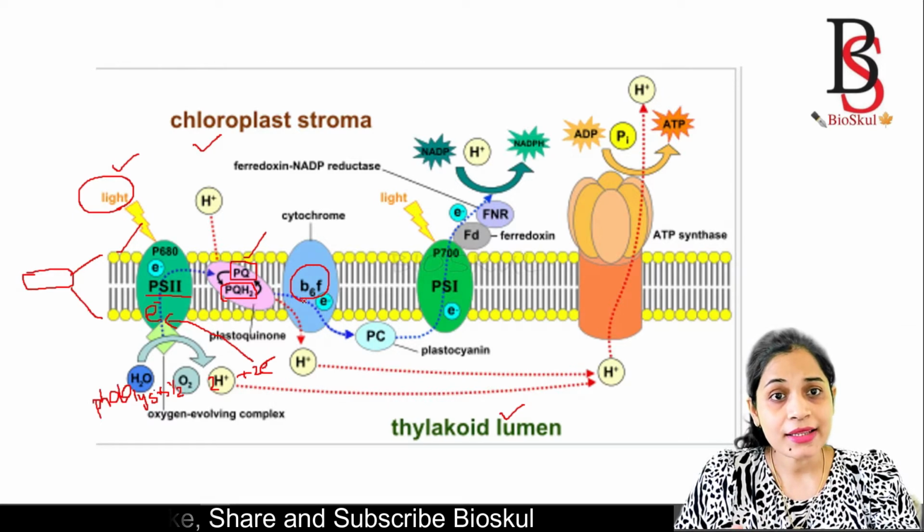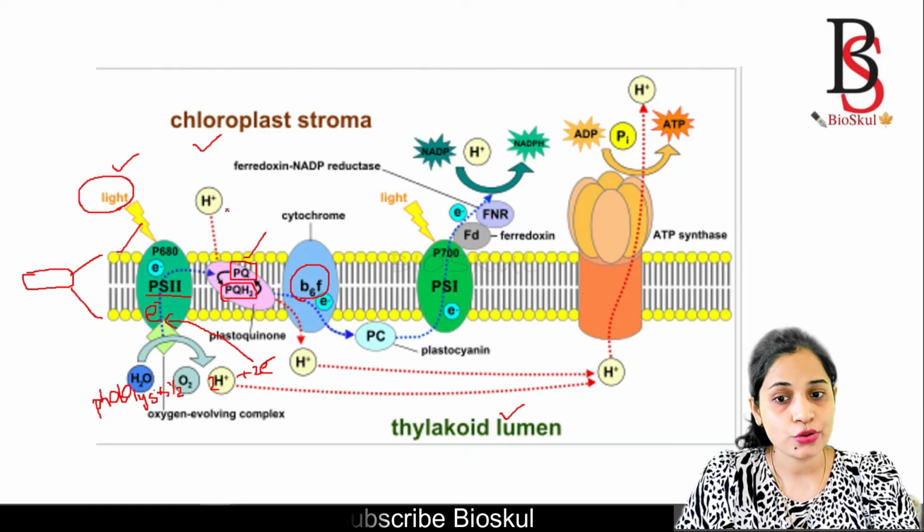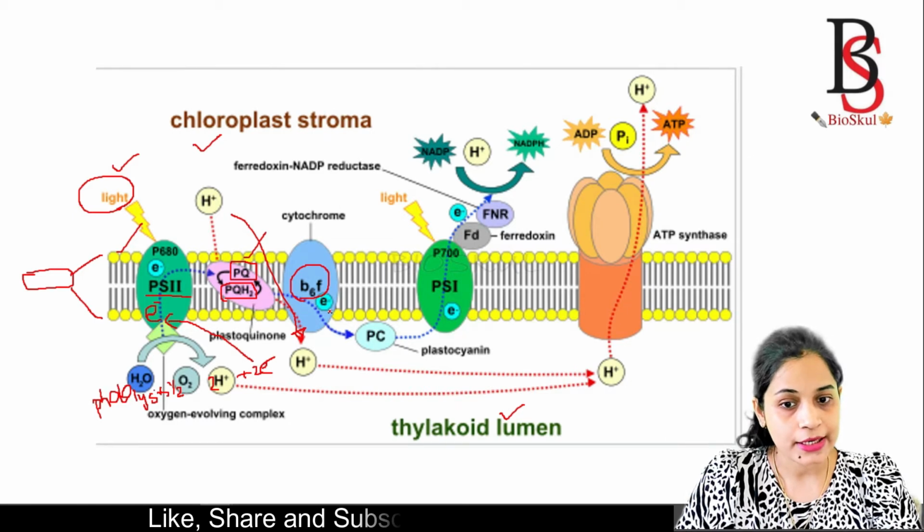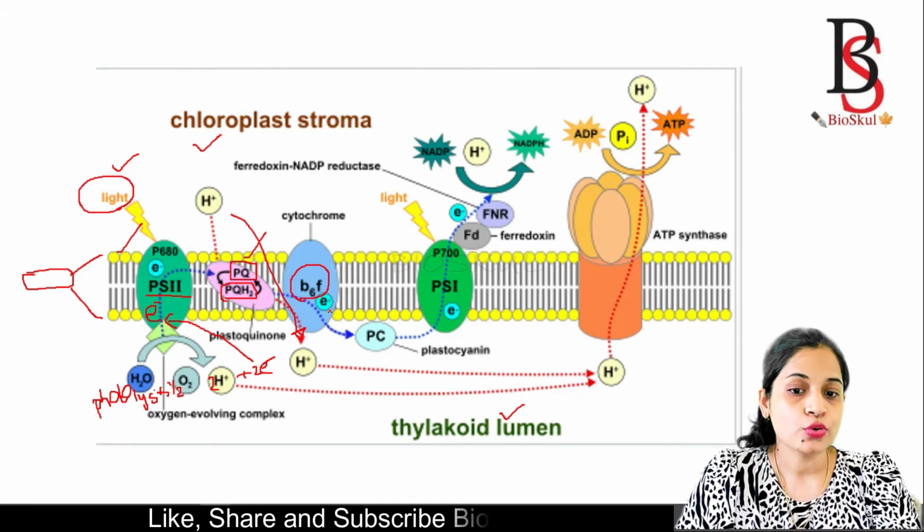The energy of the electron helps in the transportation of hydrogen ions from the stroma to the thylakoid lumen.